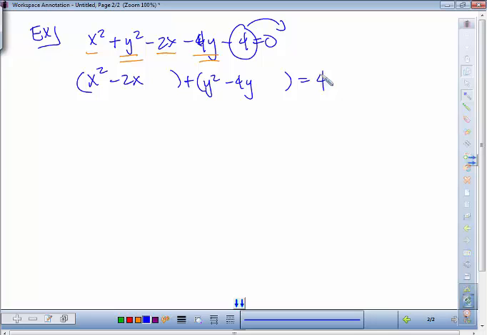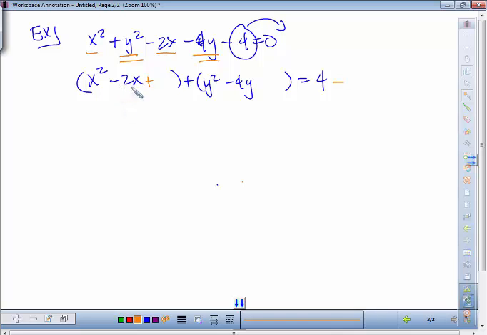We want to collect all the variables together, and anything that doesn't have any of the variables, let's put on the other side. So let's complete the square. I want to add the appropriate value, and when I add it, I want to make sure I account for it as well.